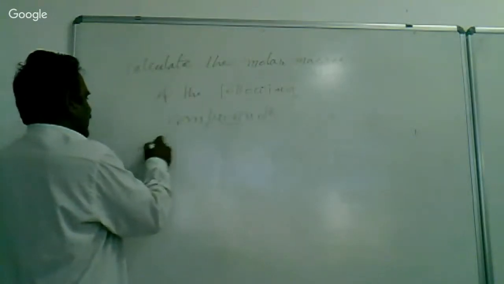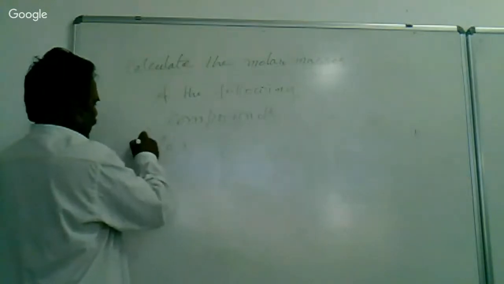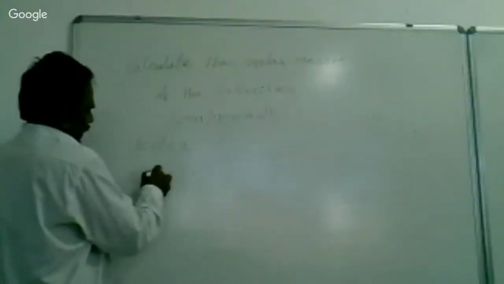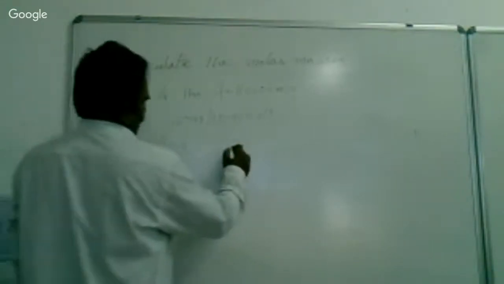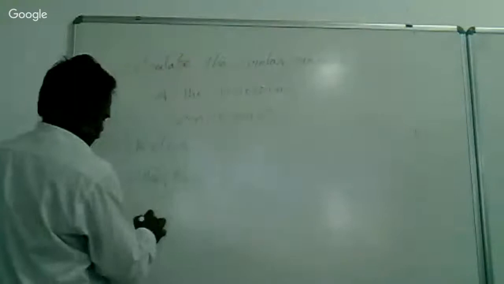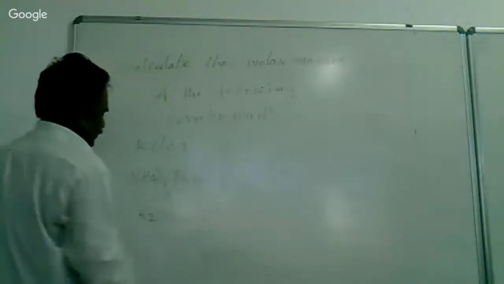Number 1, KCl, potassium chloride. Number 2, ammonium phosphate, (NH4)3PO4. Number 3, potassium sulfate, K2SO4.